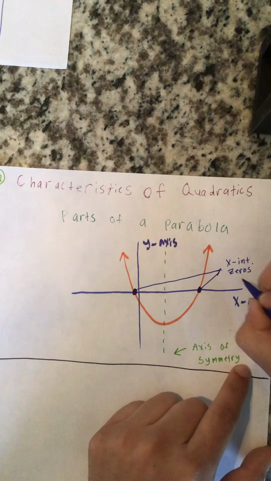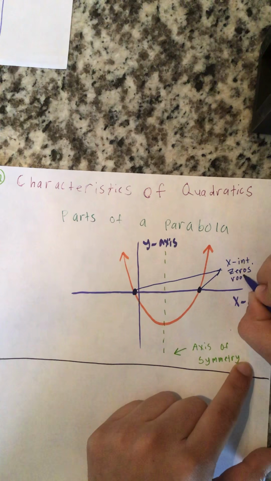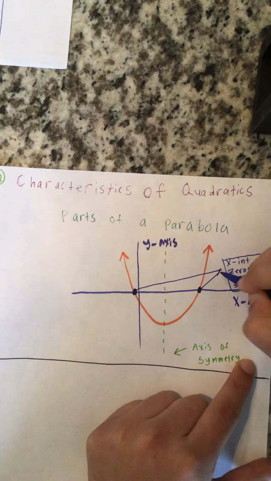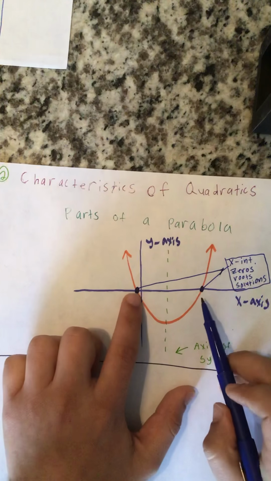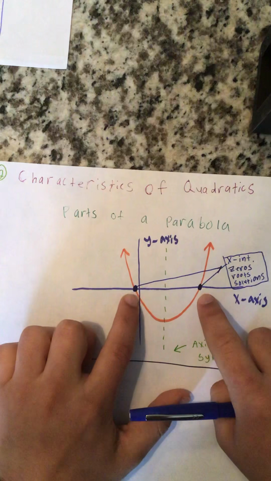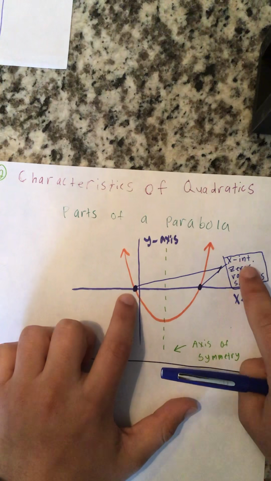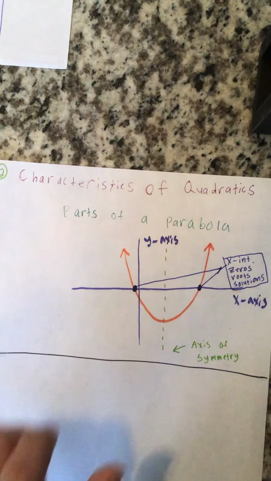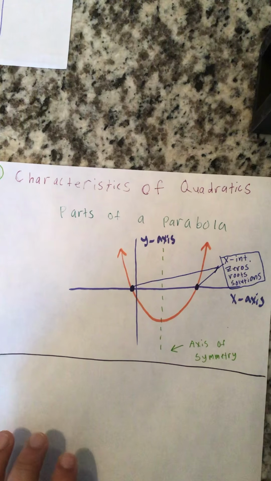So zeros, x-intercepts, roots, and solutions. All 4 of those words mean the exact same thing. It's talking about your points on the x-axis. Sometimes you might have 2 points, sometimes 1, sometimes 0. We're going to see examples of that later. But wherever your parabola crosses the x-axis, it's any of these things. You have 2 zeros, 2 roots, 2 solutions. These 4 words mean the same thing.